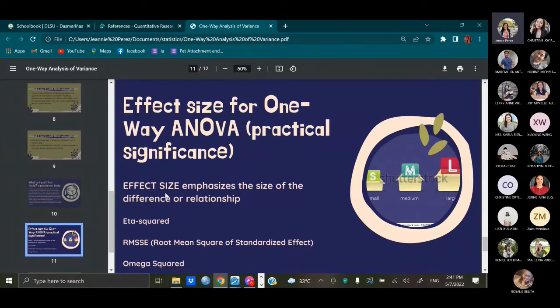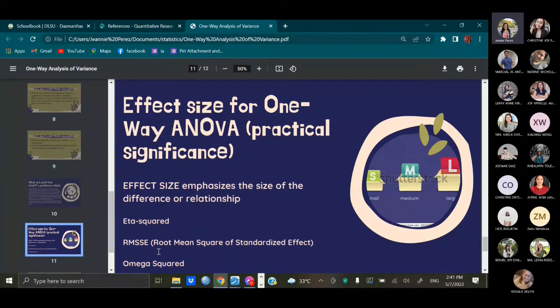So hence, we want to know the effect size because this is the one that has a practical significance. Kasi maybe there may be a difference, but the difference is only small. And you cannot detect that by doing only an F-test or analysis of variance. You have to proceed with computing for effect size. So your RealStat will spew that data out, the effect size.